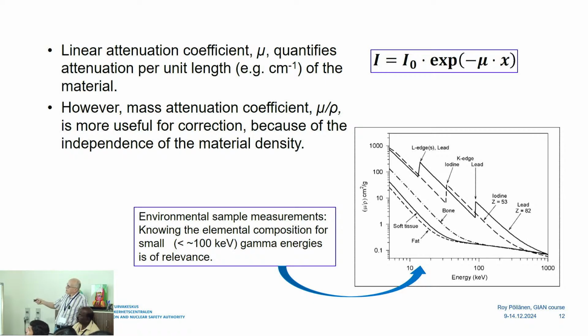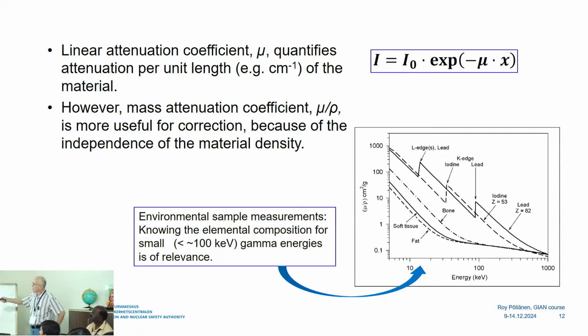So here is the mass attenuation coefficient, and this is energy. There are different materials here. For example, soft tissue is here, bone is here, and heavy materials here. For example, this black thick one is lead.